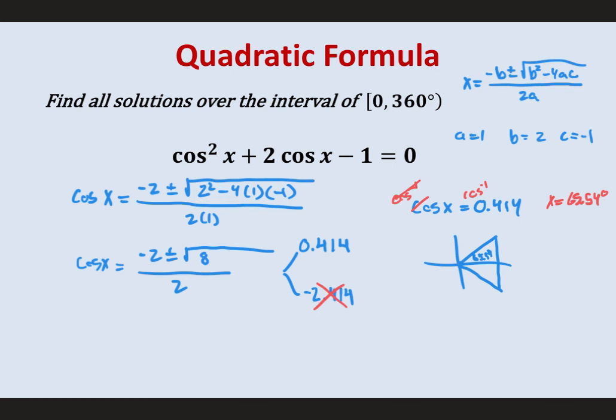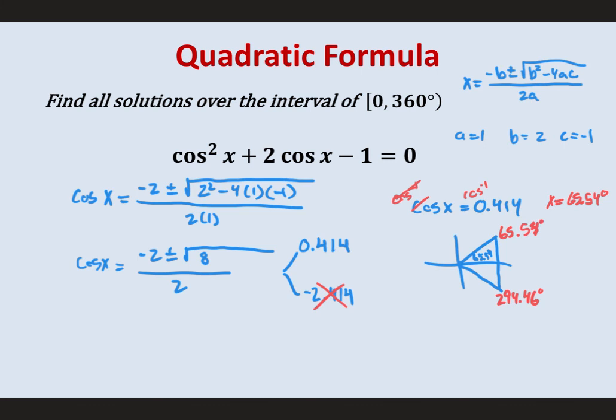So our first angle was the 65.54, and the other angle is going to be 65.54 behind 360. So we do 360 minus that number, 65.54, and we get that this other angle here is 294.46.